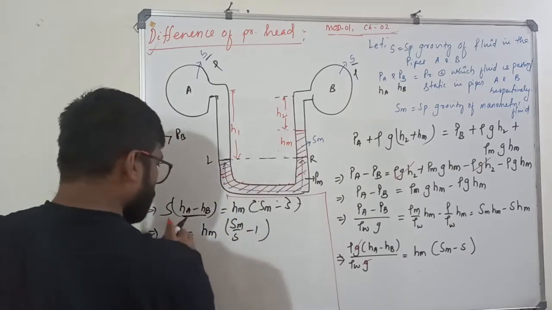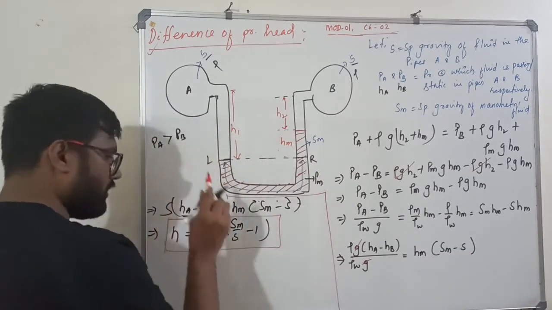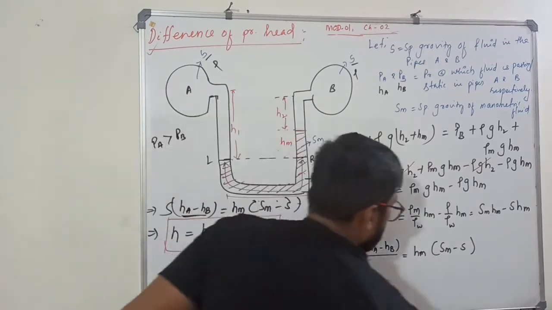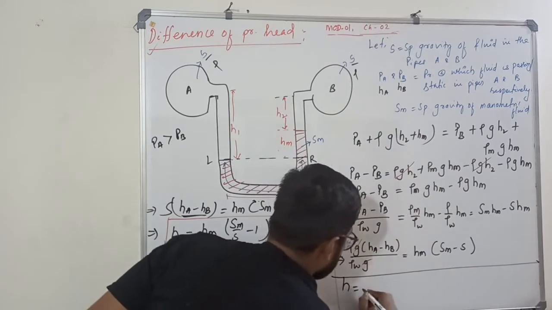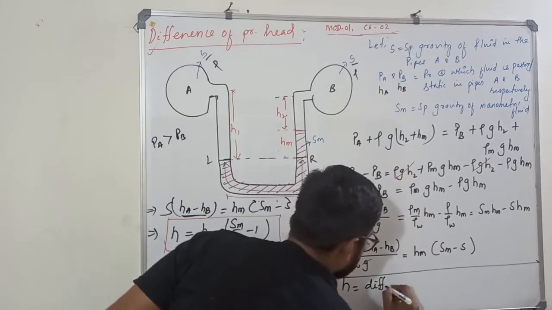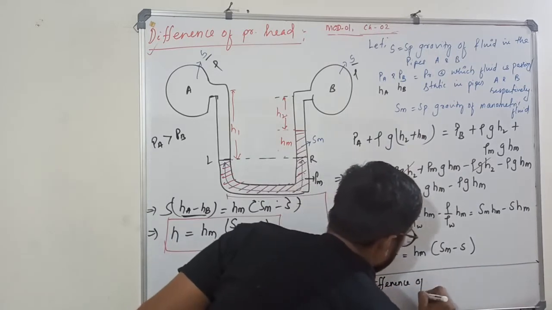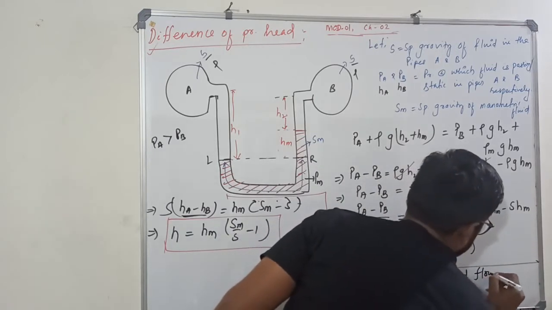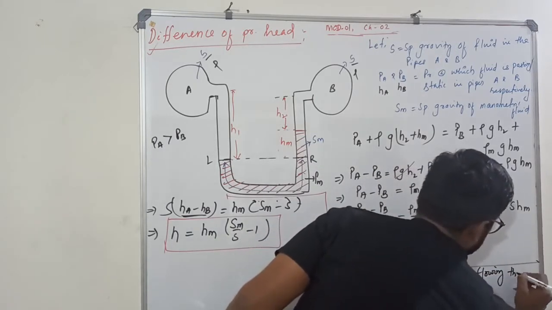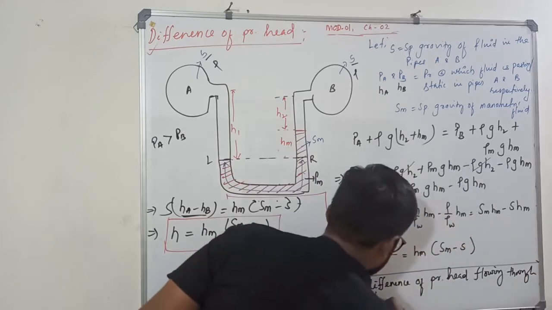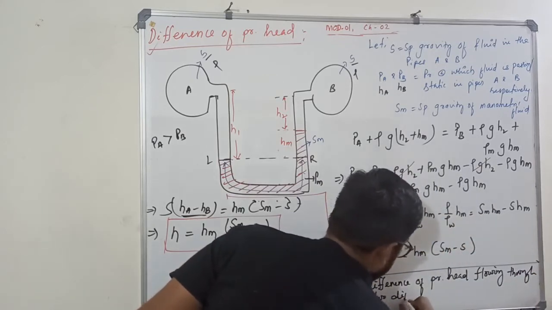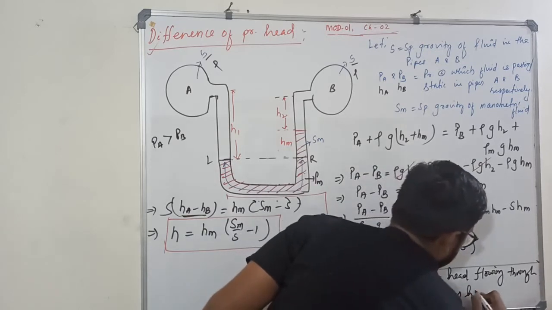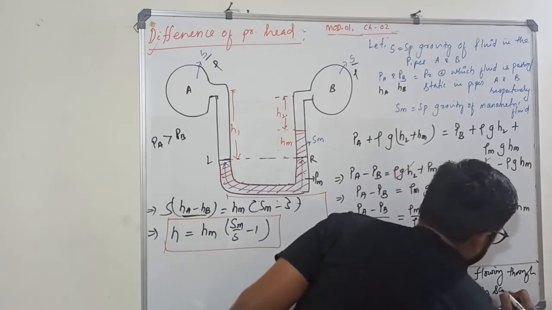This is the formula, sir. What is your H? Where H is the difference of pressure head flowing through two different pipes having the same fluid.